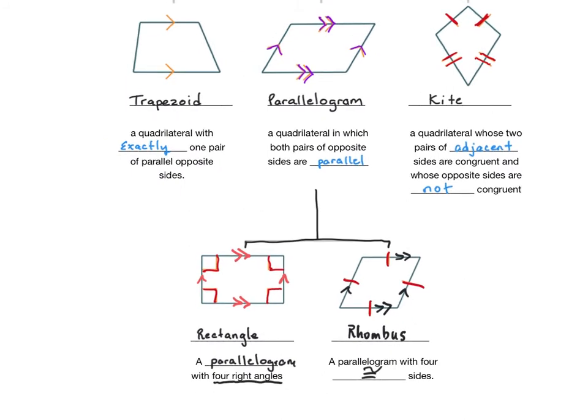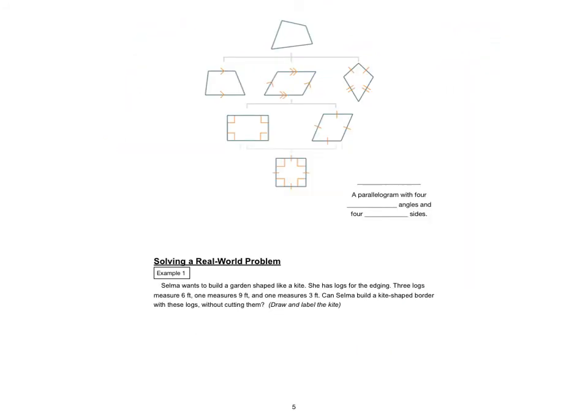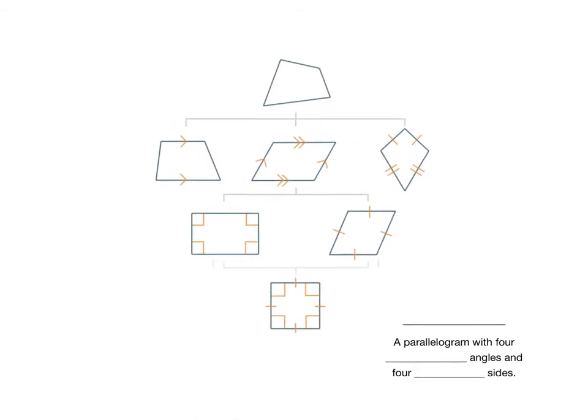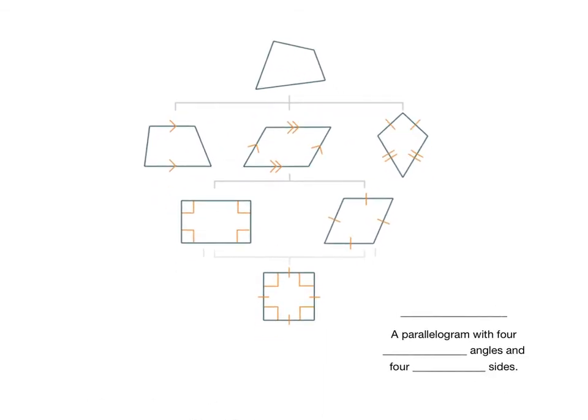Now we can further define our quadrilaterals. A quadrilateral can be identified as a trapezoid, a parallelogram, or a kite. A parallelogram can further be identified as either a rectangle or a rhombus, and you may recognize this shape.